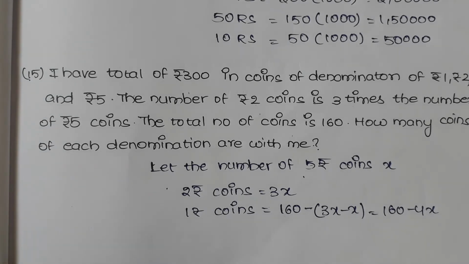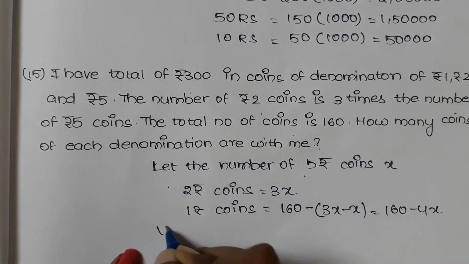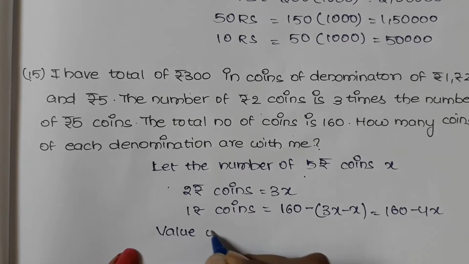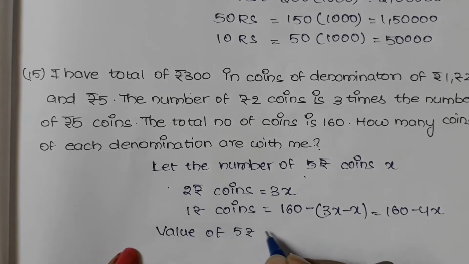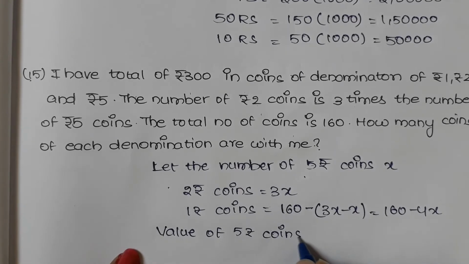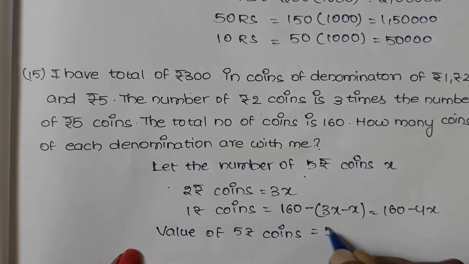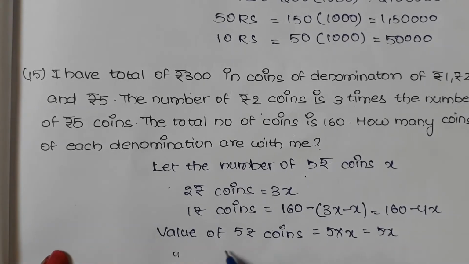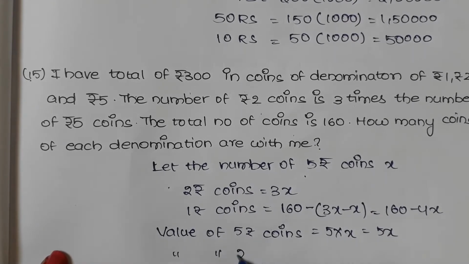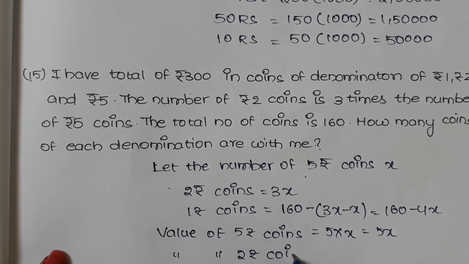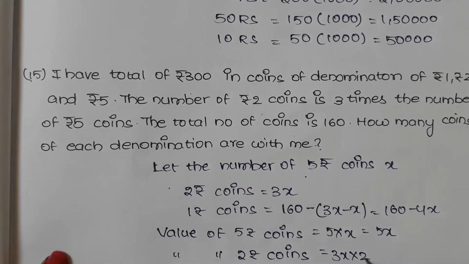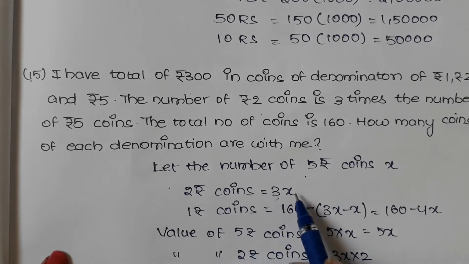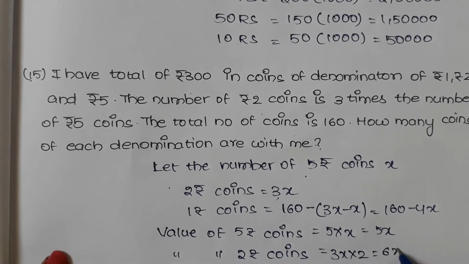And now the value of 5 rupee coins is 5 into x, that is 5x. And similarly the value of 2 rupee coins is 3x into 2. 2 rupee coins has 3x, that is 6x.